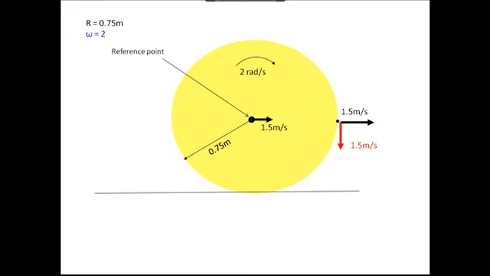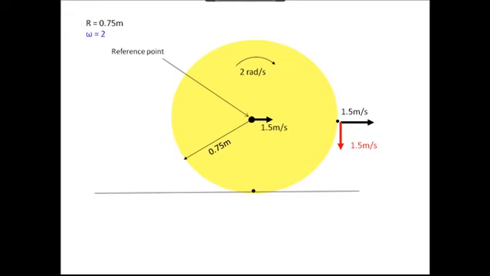R is 0.75, omega is 2, 2 into 0.75 is 1.5. And downward, because the way the cylinder is rotating, you see clockwise, so the tangent will be downward. The point I am trying to make is, this point has 2 velocities, the black velocity, the translational, and the red velocity, the rotational. Black velocity equals velocity of reference point, red velocity is r omega, and together, vectorially adding, is the complete velocity of that point on the circumference.